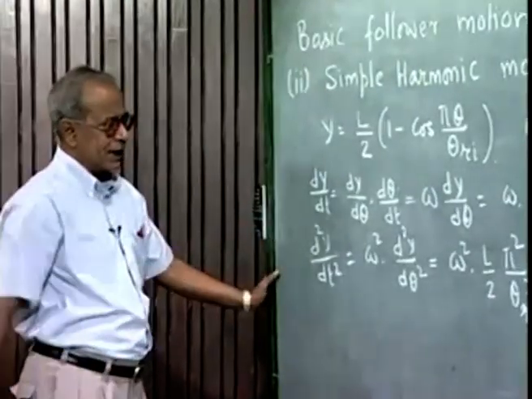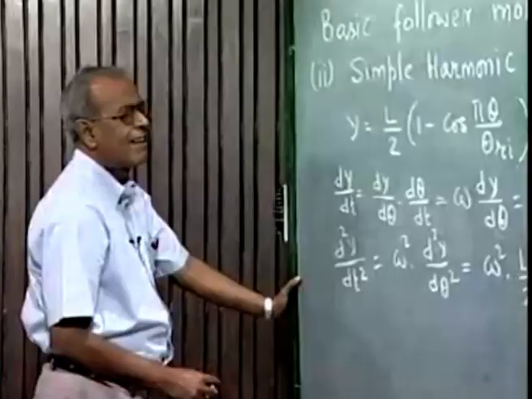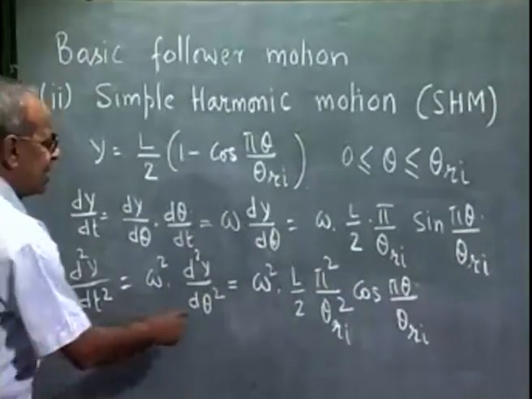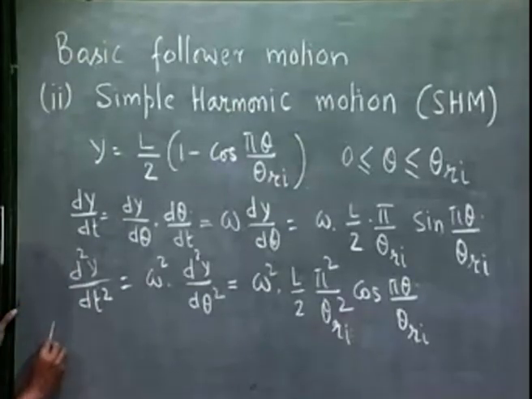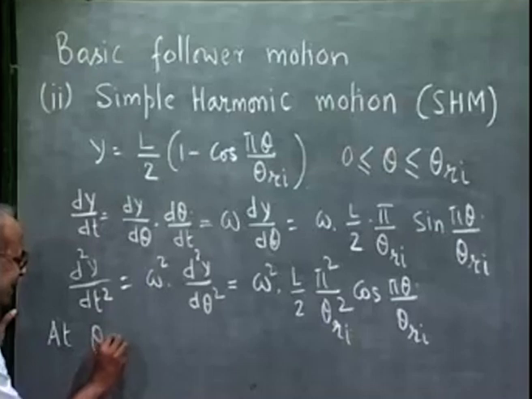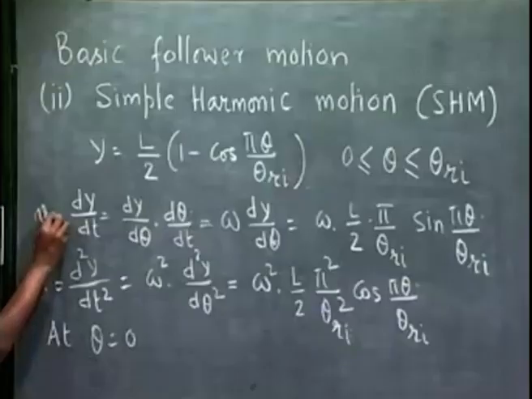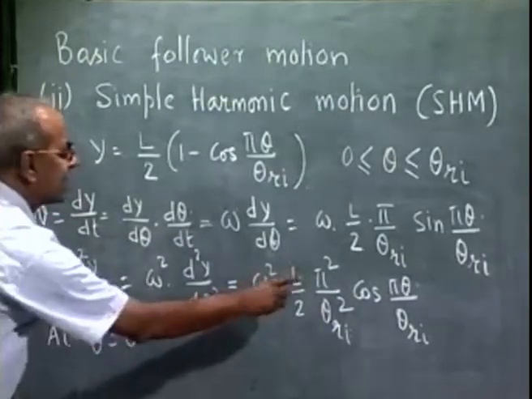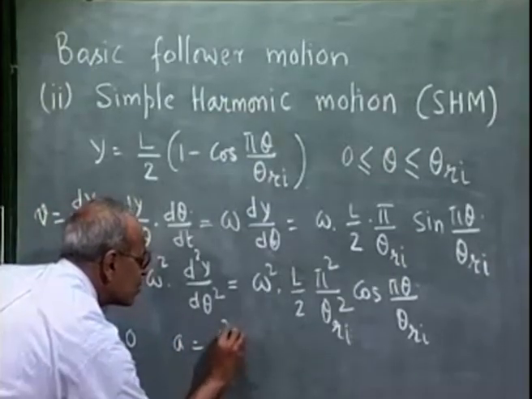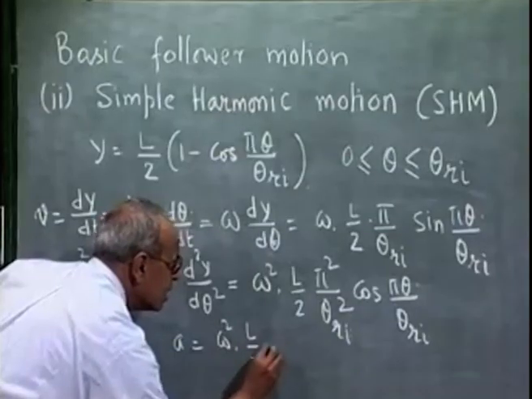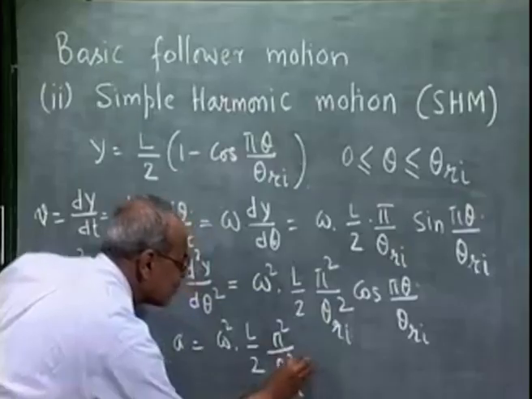But if we look for the third derivative, that is the jerk, let me talk about the acceleration a little bit more. We can see at theta equal to 0, that is at the beginning of the rise, acceleration, let me call it a, is omega squared L by 2 into pi squared by theta Ri squared.